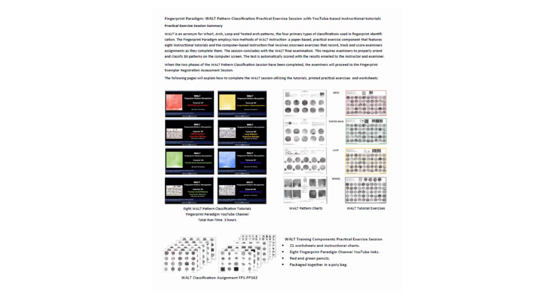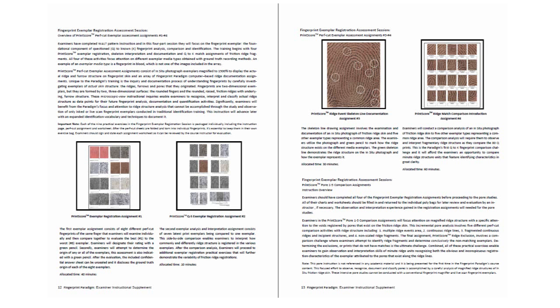You've already completed the practical exercise session of Paradigm Walt classification training, and I'm confident you are proficient at recognizing the basic pattern types, at least on paper. You have also completed the exemplar registration assignments, which required you to examine and compare magnified fragments of friction-ridged skin, most of which were mine.